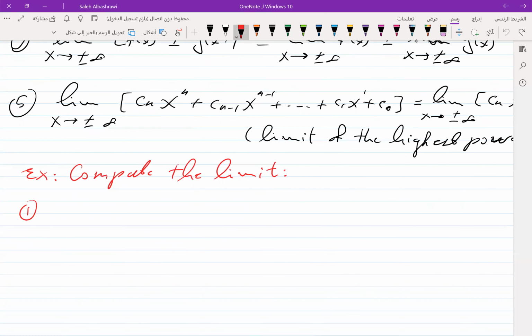Number one, limit of 3 divided by x, where x goes to plus infinity. This is a finite number divided by a very large number, so 3 divided by x, where x goes to plus infinity, is equal to 0. This is the first part of the theorem. Limit of 3 divided by x, where x goes to plus infinity or minus infinity, I will have 0.